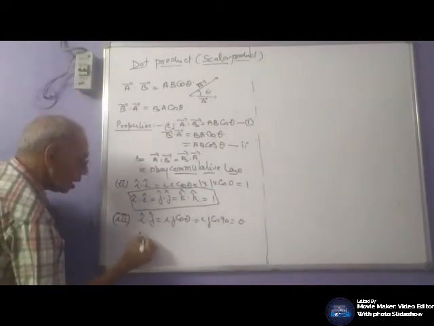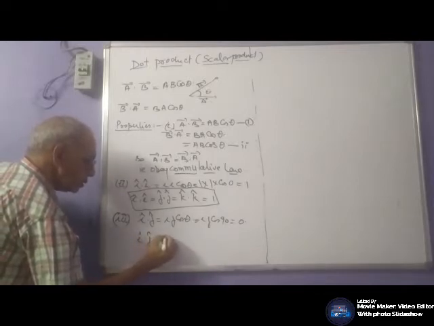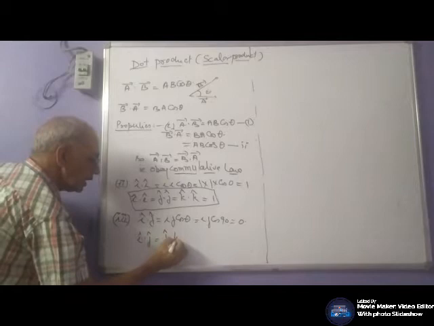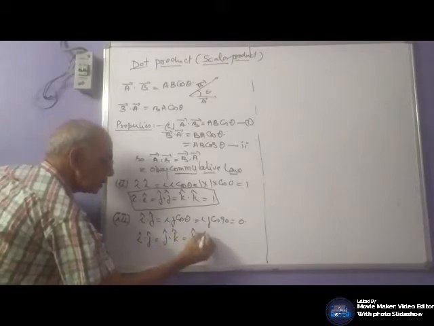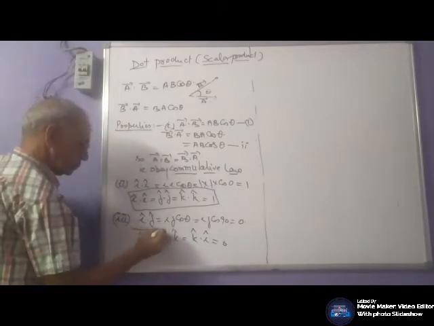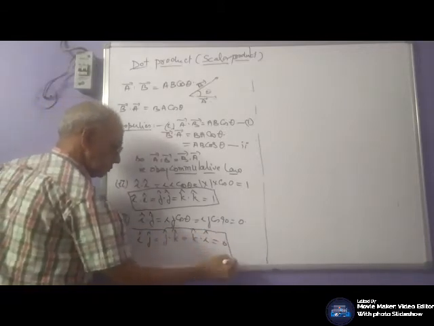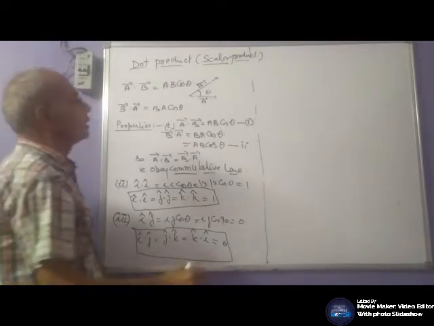So I dot j, j dot k, k dot I is 0. This is the dot product, or scalar product.